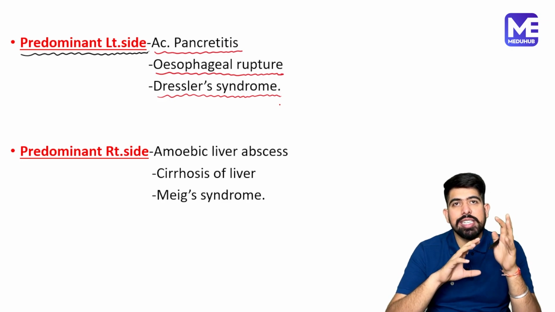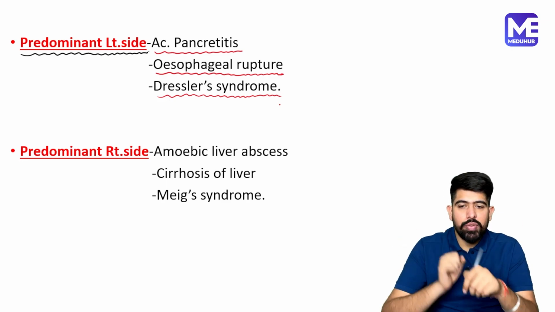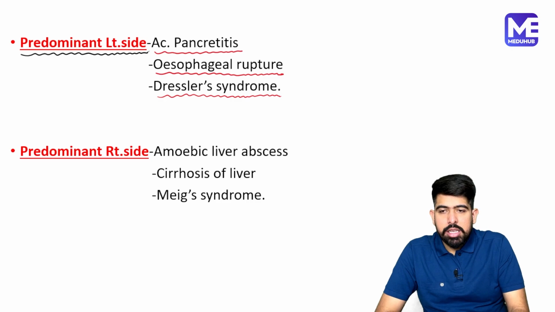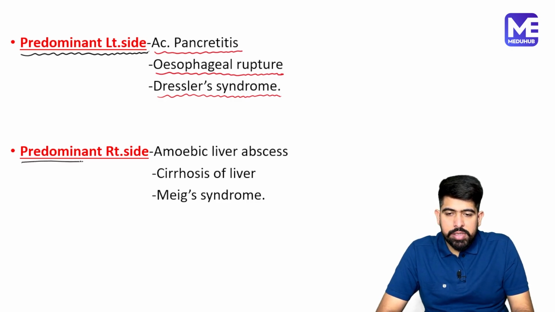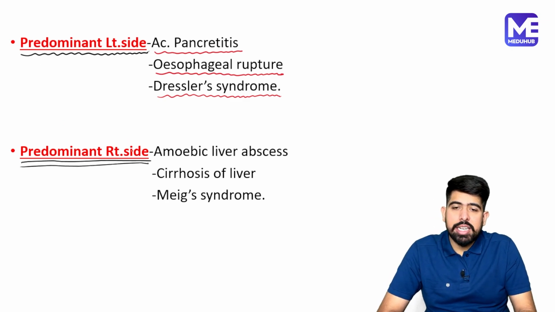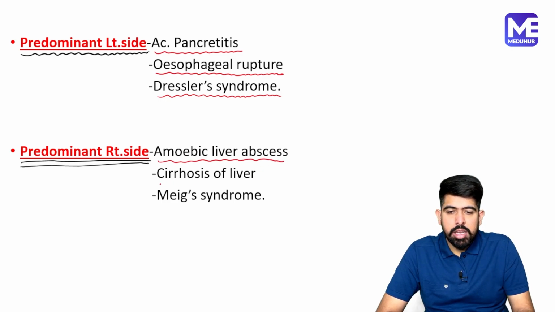So what we are seeing is left lung pleural effusion. But some factors predominantly cause the right side of the lung to be involved, like amoebic liver abscess, liver cirrhosis, and Meigs syndrome.